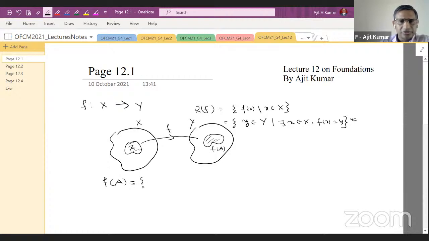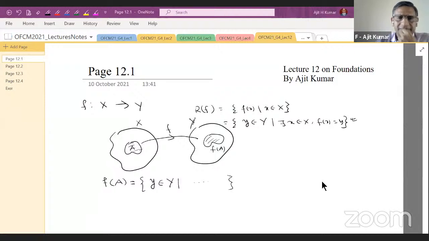Can you just quickly think? We want to define this as a subset of Y. So the moment you want to define a subset of Y, I will write the set of all y in capital Y such that something happens. What should go here? Just think for a few seconds.